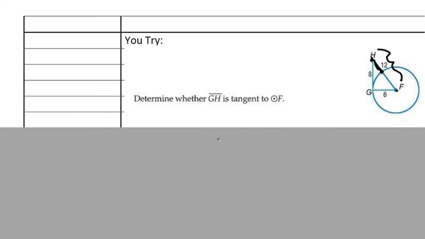So go ahead and pause the video and see if you can determine whether GH is in fact tangent to circle F. So a sample response, no is the definite answer, but a sample response would be that no, because 18 squared doesn't equal 8 squared plus 6 squared. If you didn't understand how I came to that answer, go ahead and raise your hand and we'll be happy to help you.